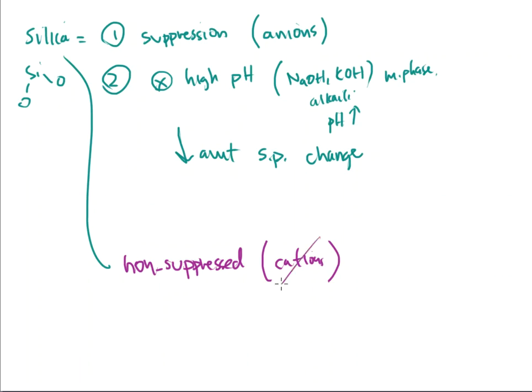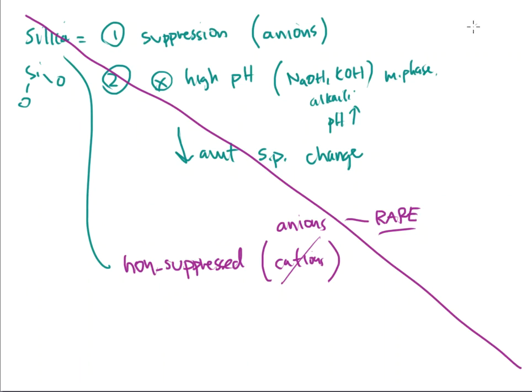So I'm going to cross the cations out and say non-suppressed anions, because there are a few, but these are very rare. You will hardly run across them in a laboratory. Because of that, silica is going to be very rare as well, and you will probably not run across it in a column packing for ion chromatography anytime soon.